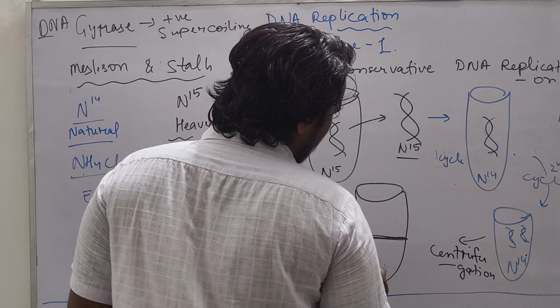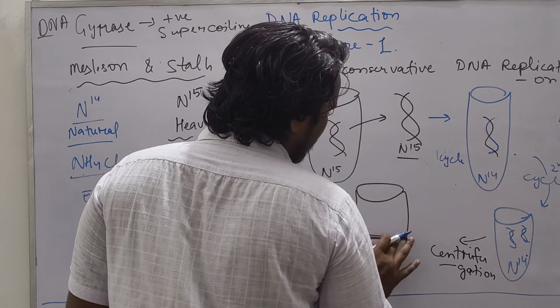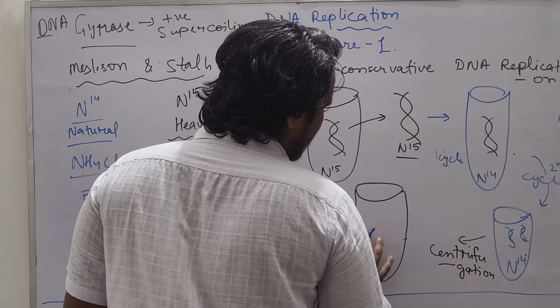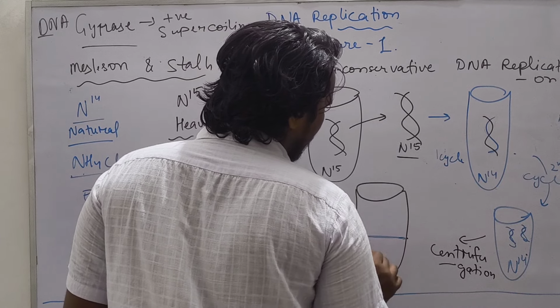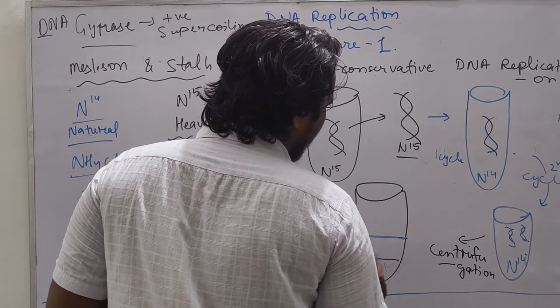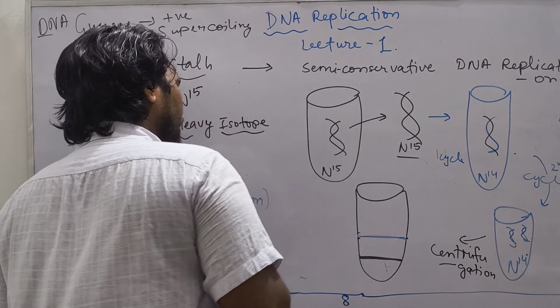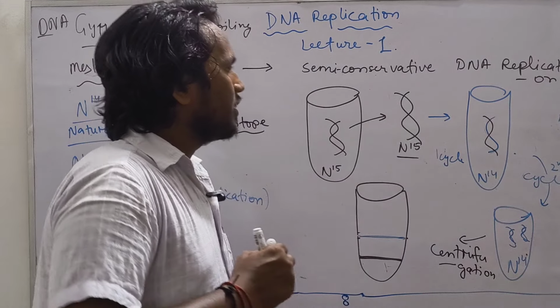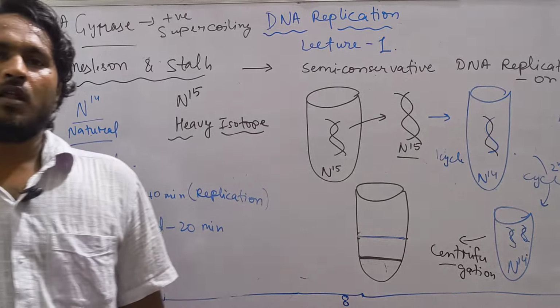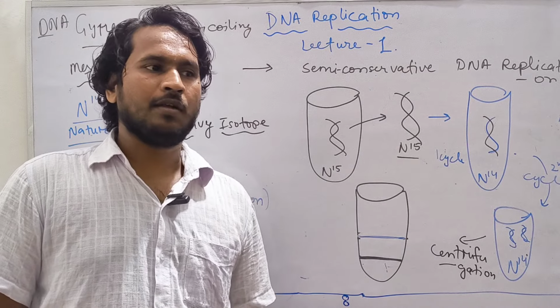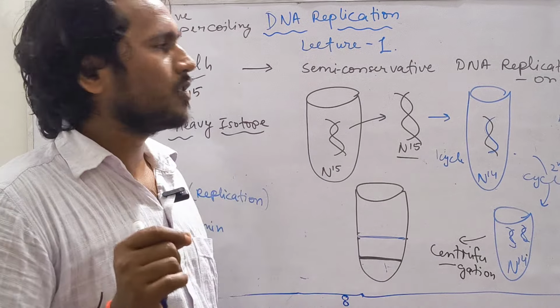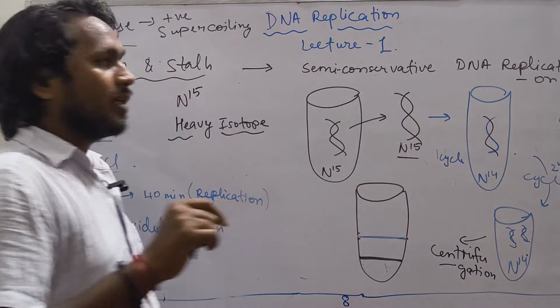They centrifuge into cesium chloride. Why only cesium chloride, not in water? Anybody can tell us why it is a cesium chloride, not in the water or not in another substrate? That is one most important conceptual thing which we will discuss at the end of this class.